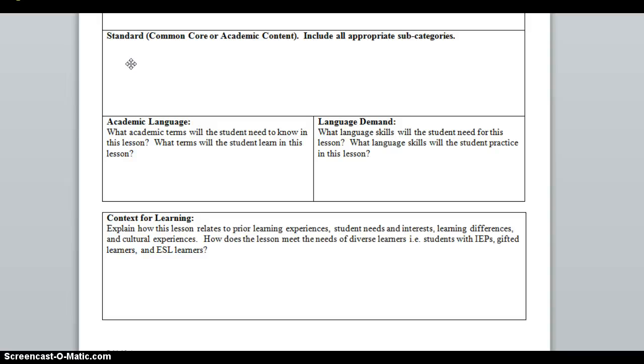So if it's just a straight English language arts lesson, just an ELA standard is fine. But if you are doing a content area tie-in with literacy embedded into a science lesson or a math lesson or a social studies lesson, then make sure you have that content area standard also referenced here.